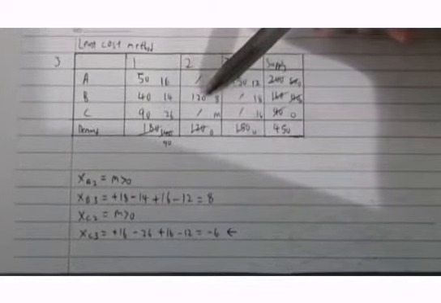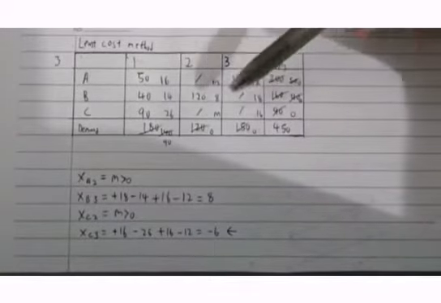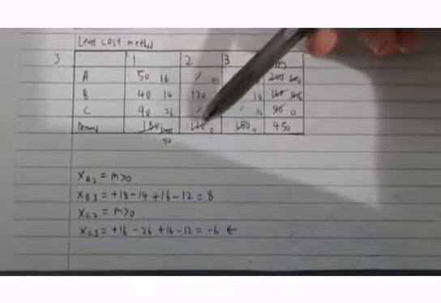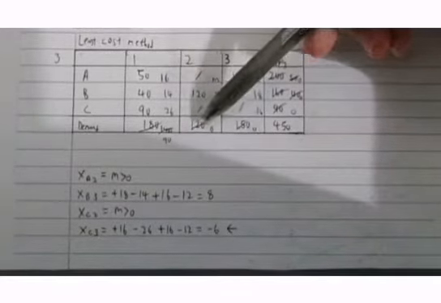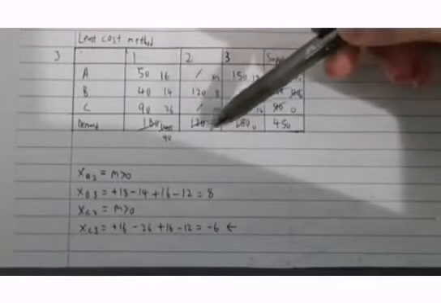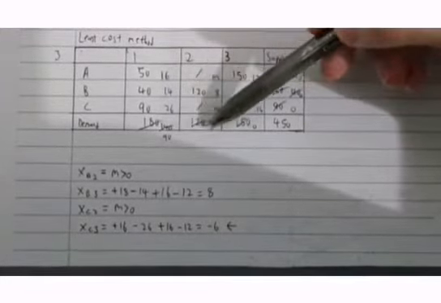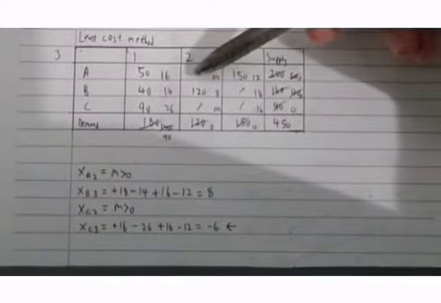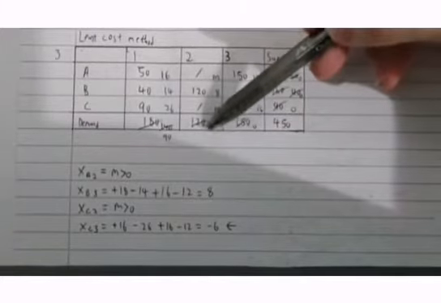So from this, we need to find which one, the supply or demand, is smaller. 120 is this one, so we write down 120 here, and here we minus it and it becomes 0, and here also minus 120 becomes 40, and here we just fill in the blank because it is full already.